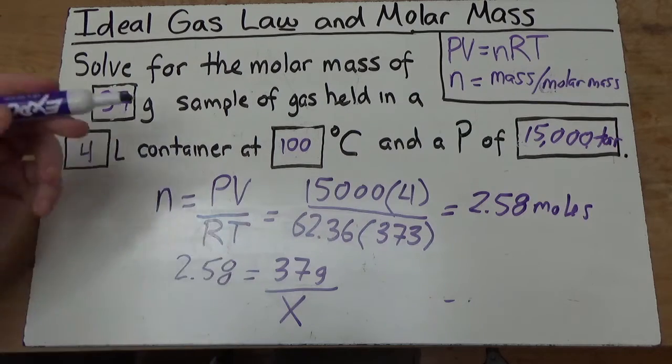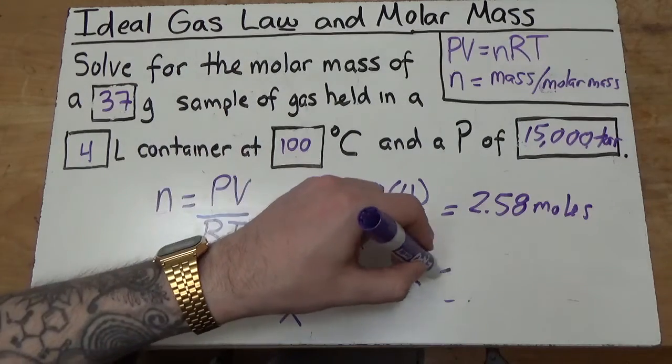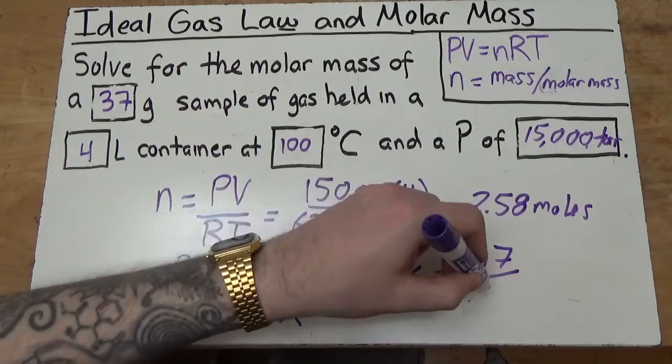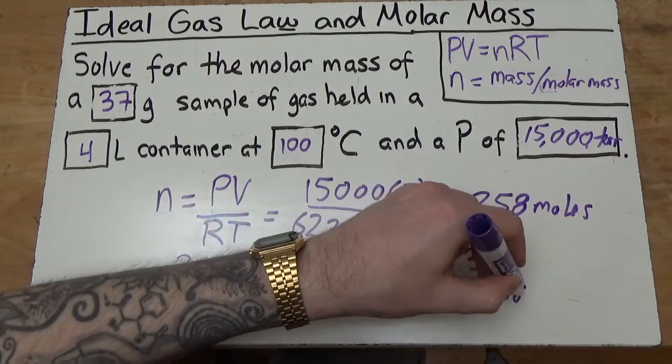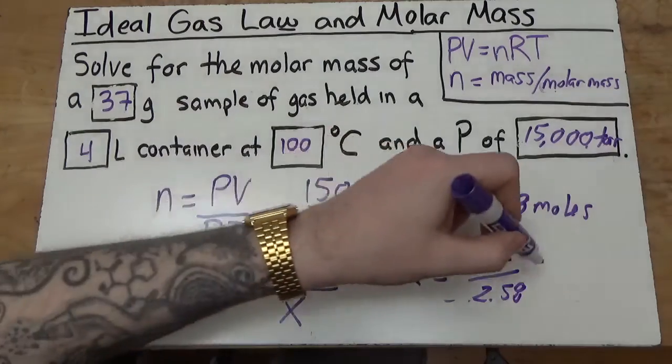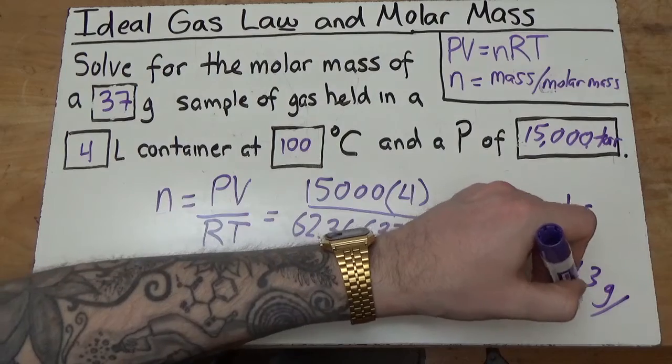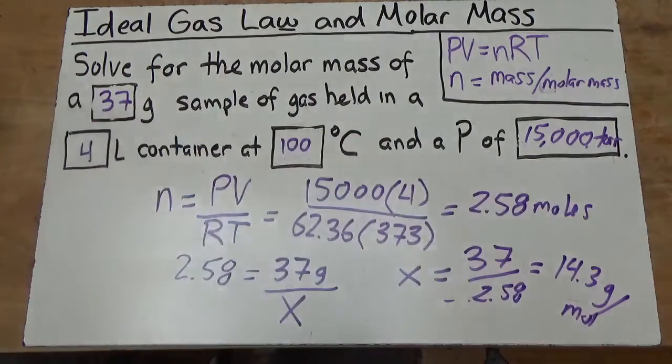If we rearrange this equation to get x by itself, we're going to get x equals 37 divided by 2.58, and your answer 14.3 grams per mole.